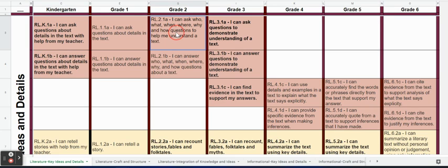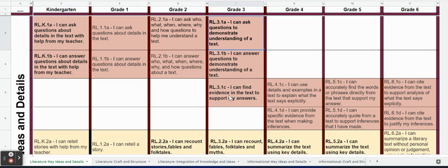And then moving into second grade, they're specifically asking who, what, when, where, and why questions and answering them as well. And then getting into third grade, they are really focused on the deeper understanding of the text. And then you'll notice as it shifts to fourth grade, the asking and answering questions part is no longer here, and it shifts into how students can infer what's happening in the text by looking at what the text says explicitly.